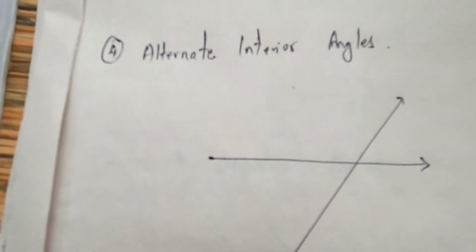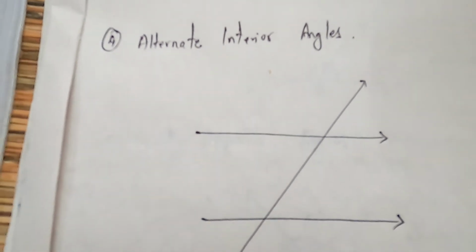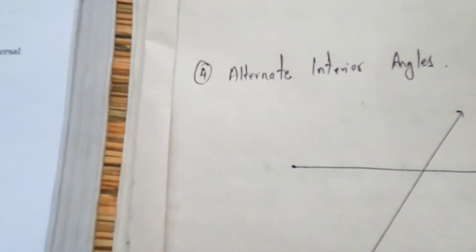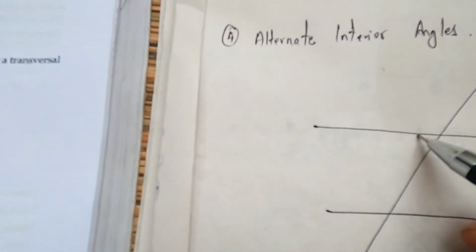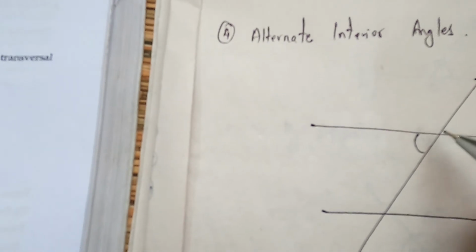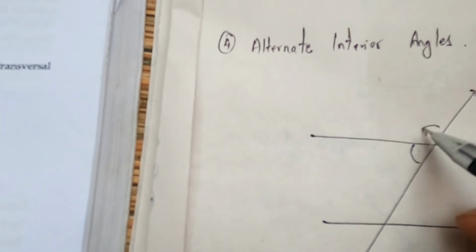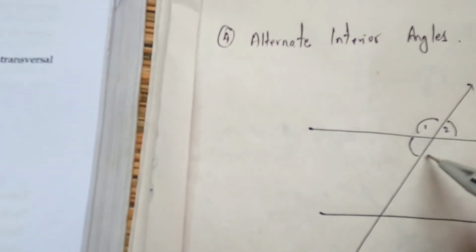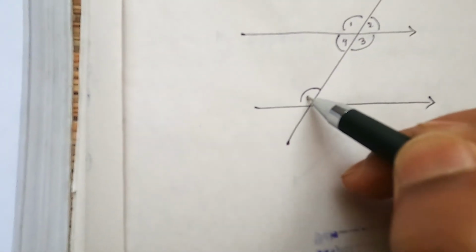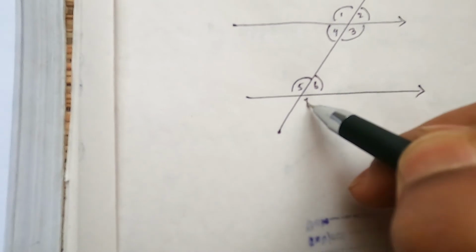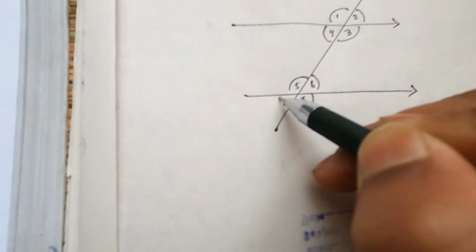Alright, the next topic is alternate interior angles. So in this case, suppose this is angle 1, angle 2, angle 3, angle 4. This is 5, 6, 7, 8.